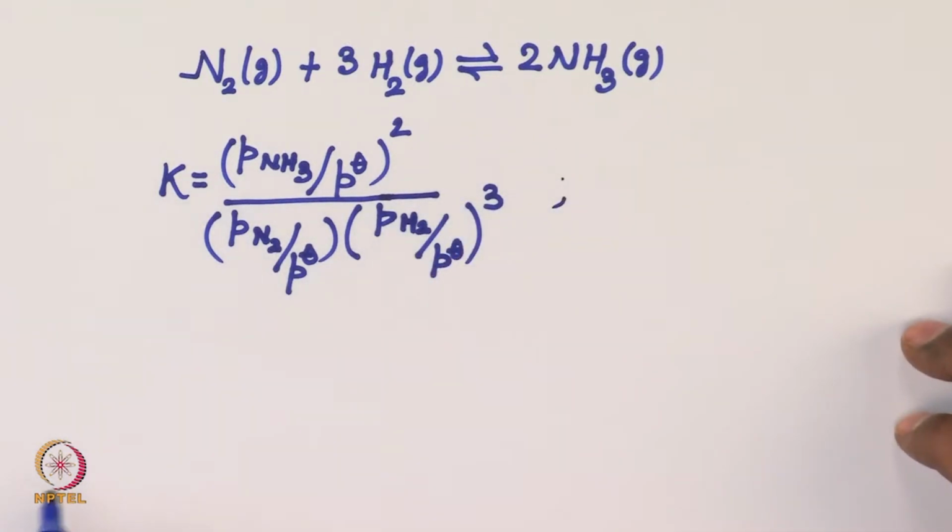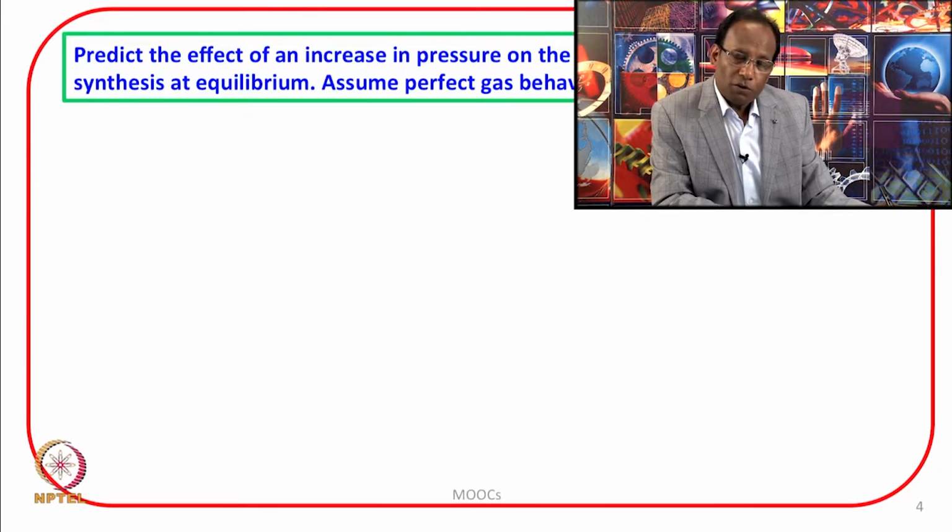And since we have been asked to find out the effect of increase in pressure, the total pressure, let us see which equation we can use which connects the partial pressure with the total pressure. And from elementary chemistry, we remember that Dalton's law of partial pressure can be used.